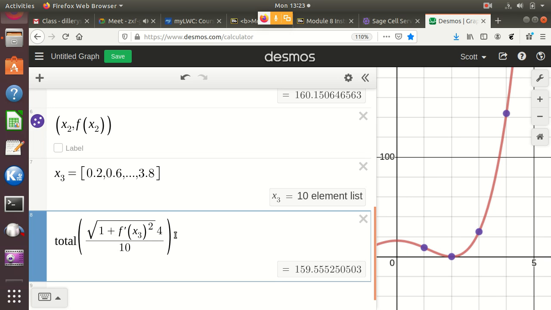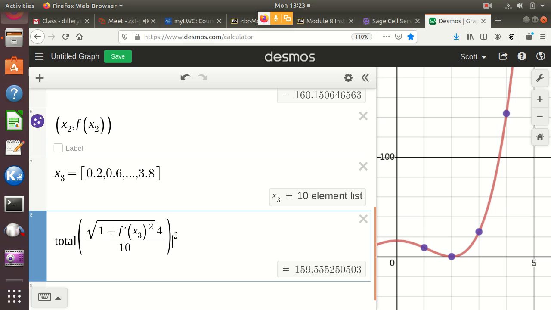Now, the reason it surprised me was that it's not as good an approximation as the 4 straight lines. And I thought, well, n equal 10 with the midpoint rule, I would have thought that was going to do at least as well, probably better than the 4 straight lines. It doesn't.